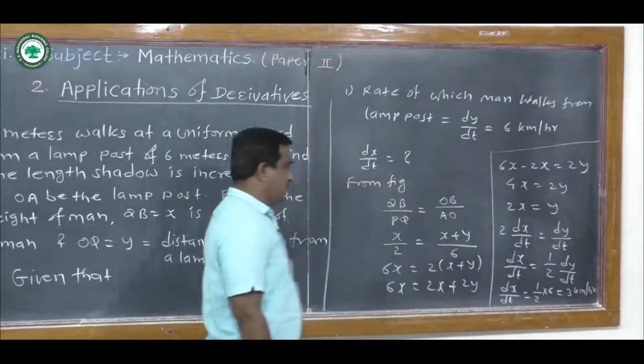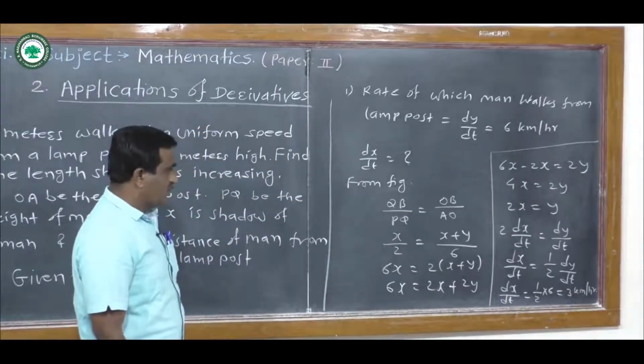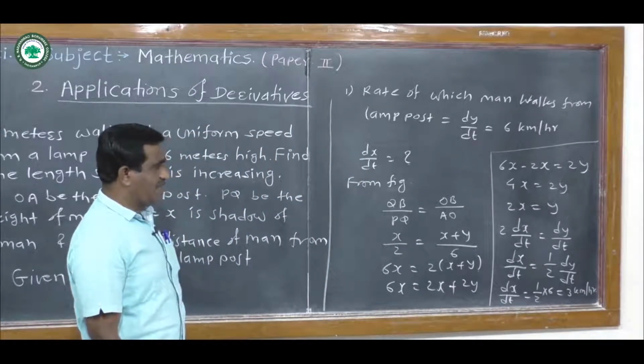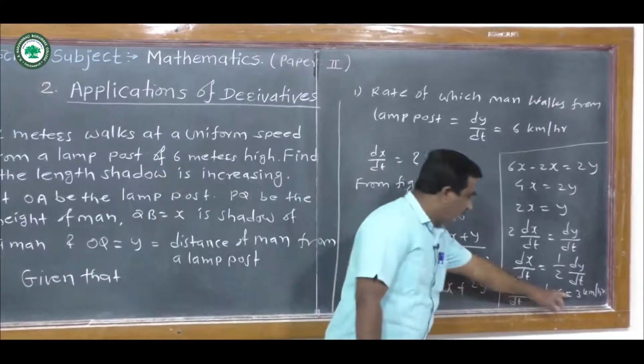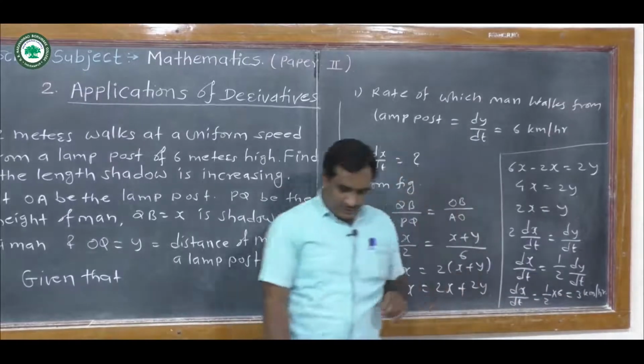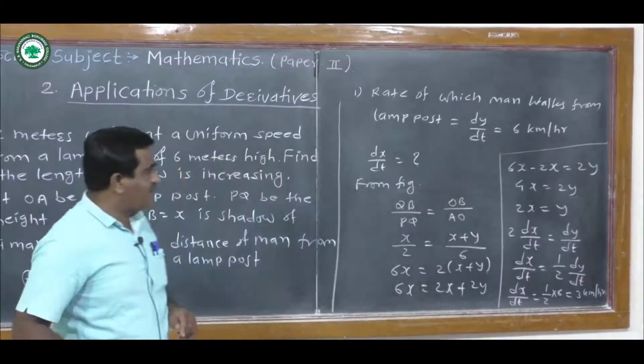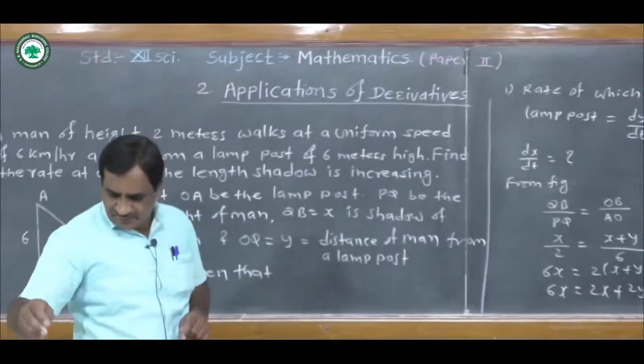This is the rate at which the shadow is lengthening. dx by dt is equal to 3 km per hour. This is the answer for this example. Now we see the next example here.